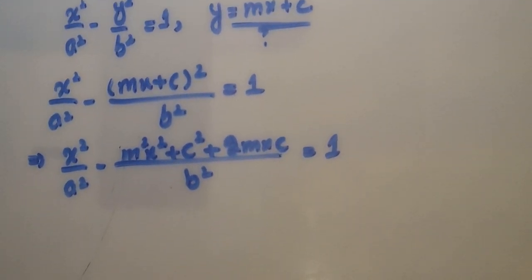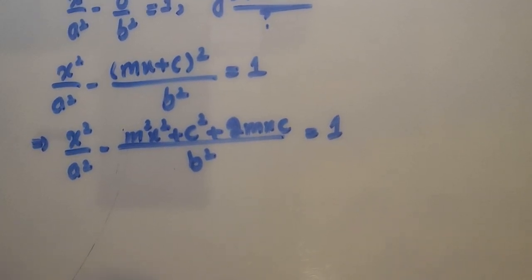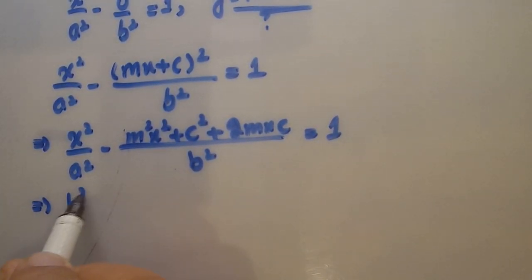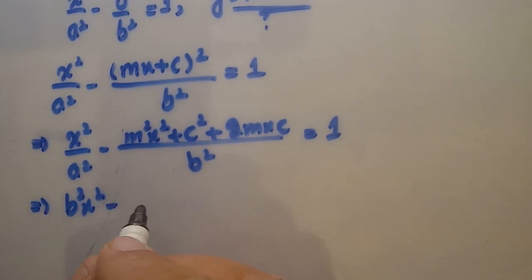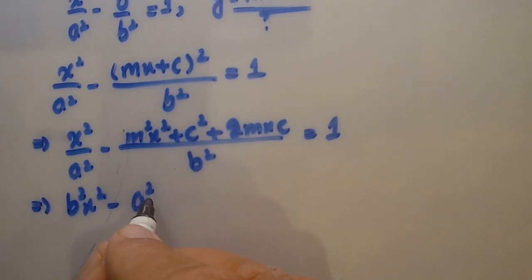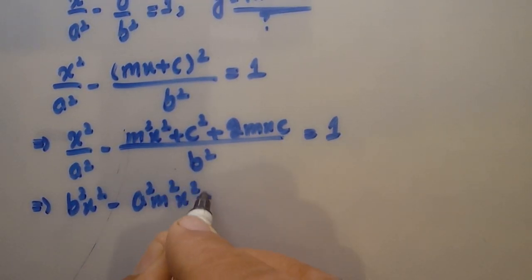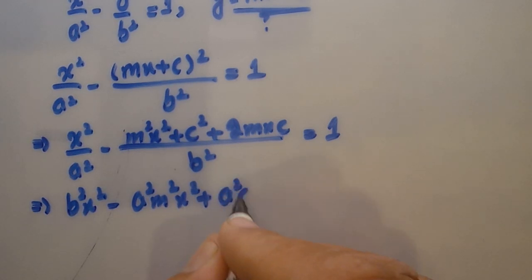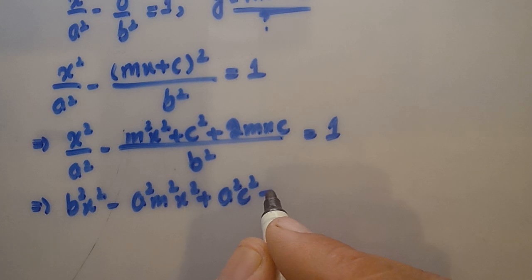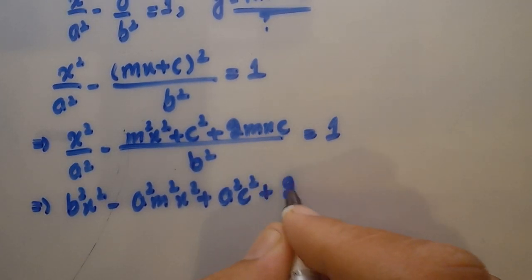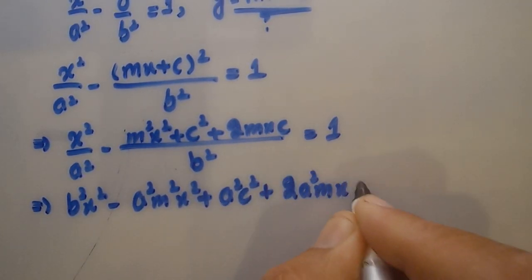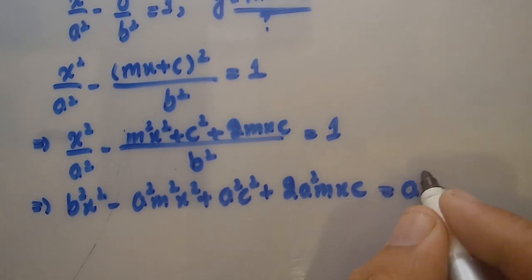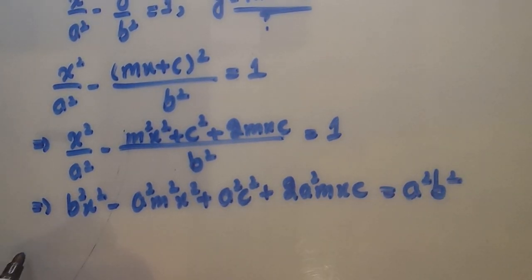Multiplying by a square and b square on both sides, we will get b square x square minus a square m square x square minus a square c square minus 2a square mxc is equal to a square b square.